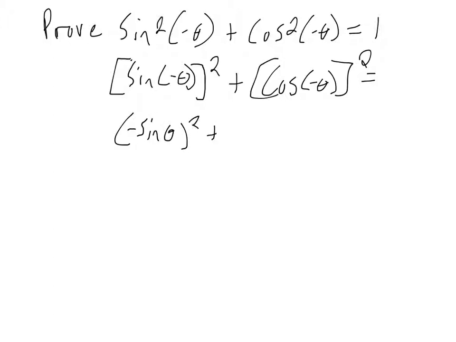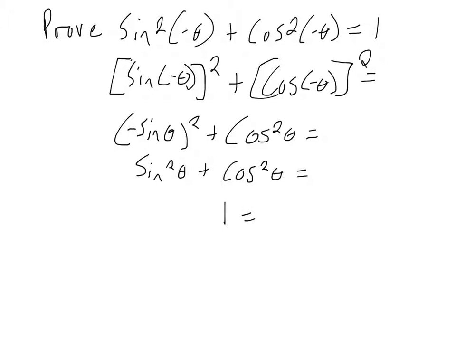And cosine negative theta is just equal to cosine theta. So we end up with cosine squared theta there. And then squaring negative sine is just going to be positive, sine squared. And that's our Pythagorean identity, so we know that that equals 1. Now we've shown that the left side and the right side can be made into the same thing. So once again, work only one side of the equation when you're proving these identities.